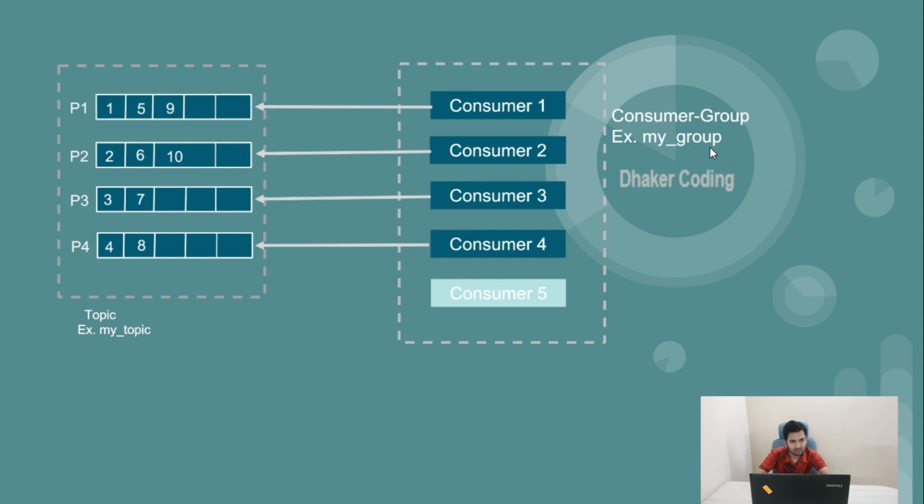We know that from the topic __consumer_offsets. Then it starts reading from that particular partition from that particular offset.